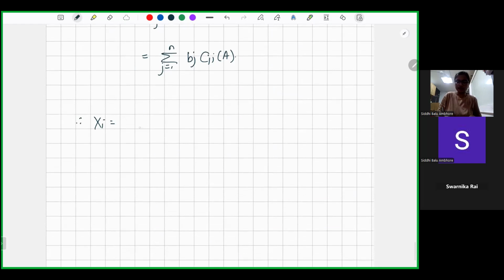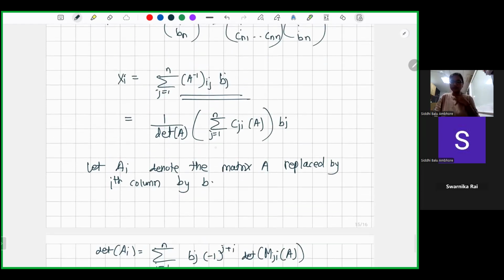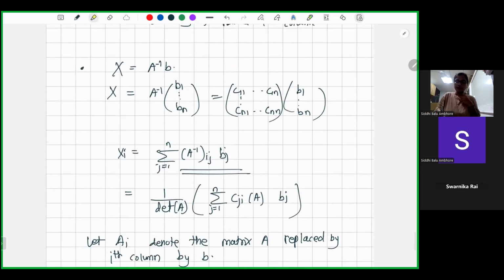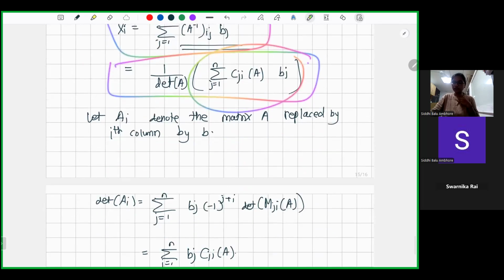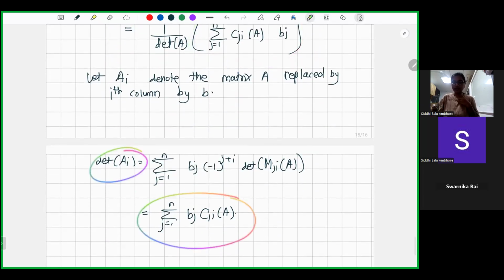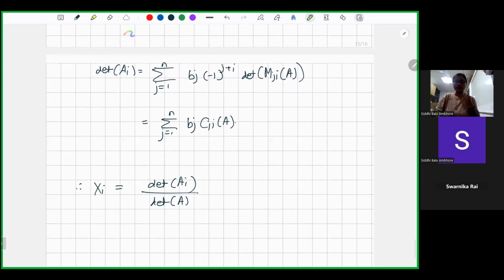Therefore xi becomes determinant of Ai by determinant of A. What we did was take xi directly from the formula, and we showed that it is nothing but the determinant of the matrix Ai where the ith column is replaced by B. That's how we get that xi is the determinant of the column-replaced matrix divided by determinant of A.